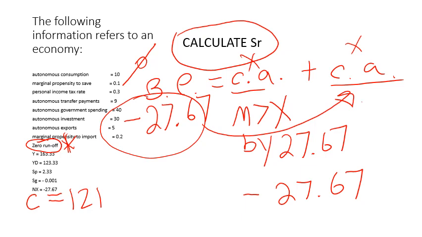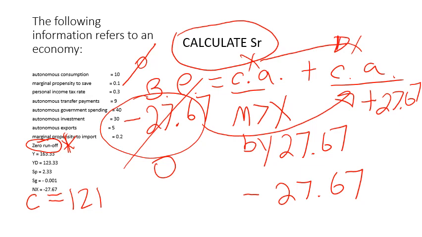So this would be a positive $27.67 billion. So the balance of payments would go back to equaling 0, and the capital account and the current account would balance out.